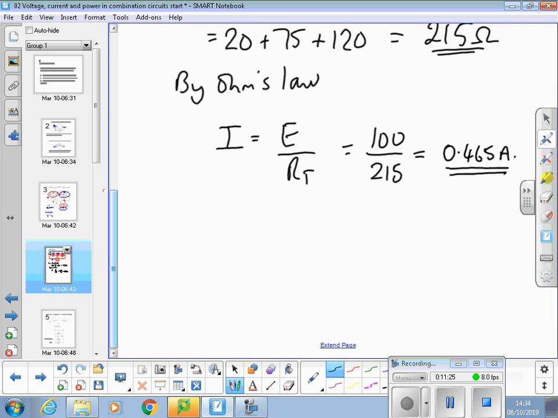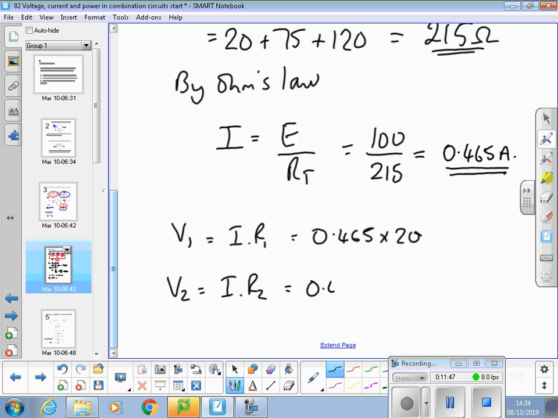We can find the individual resistor voltages, because V1 is I times R1, 0.465 times 20. V2 is I times R2, 75, and V3.